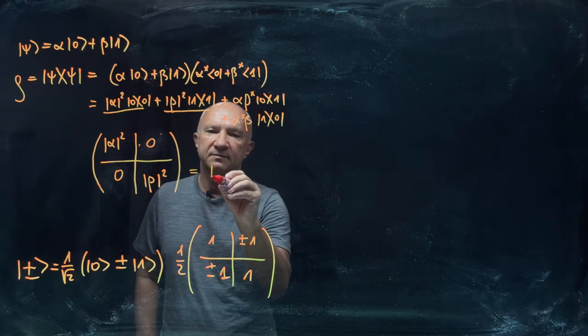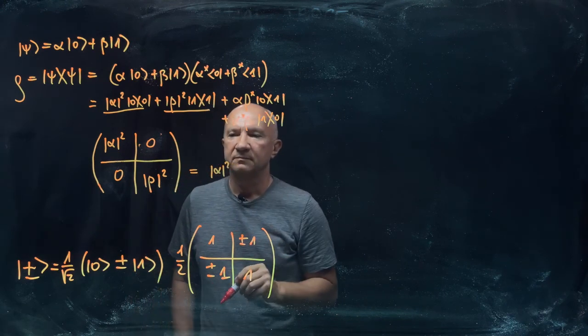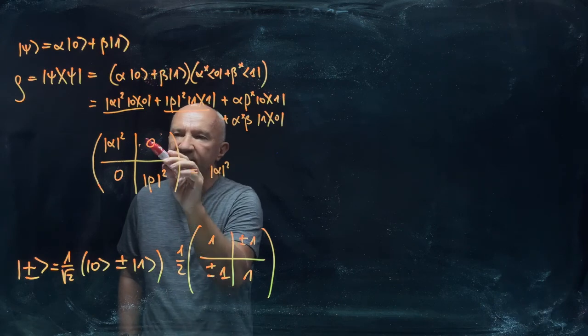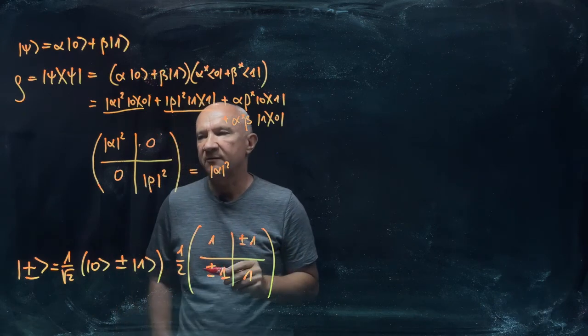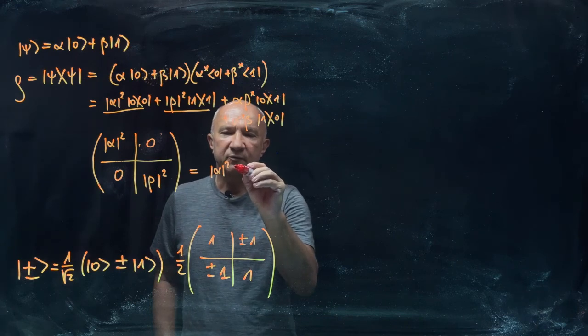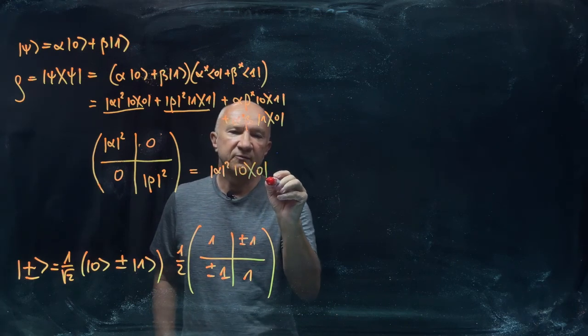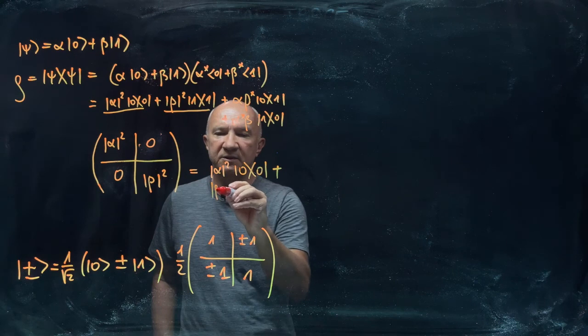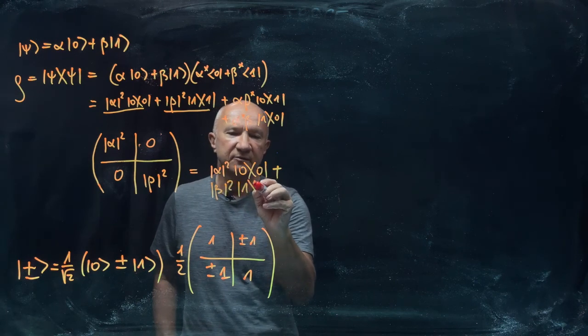If the off-diagonal elements are 0, then you can write this density matrix as alpha mod square projector on 0 plus beta mod square projector on 1.